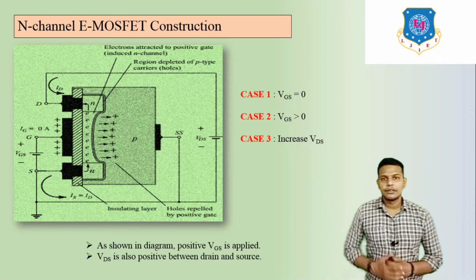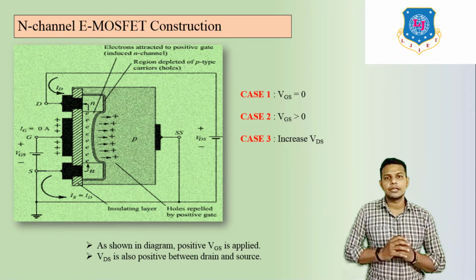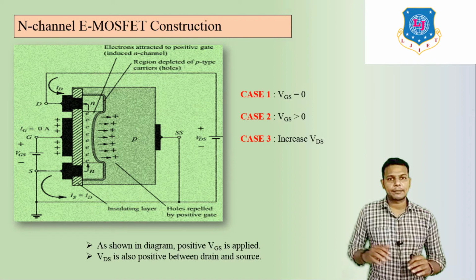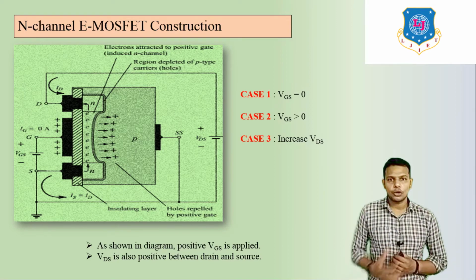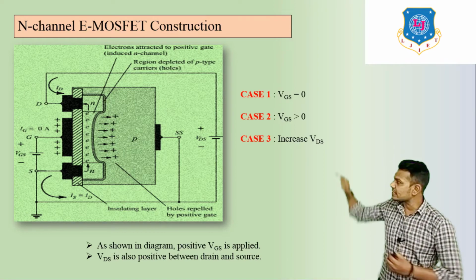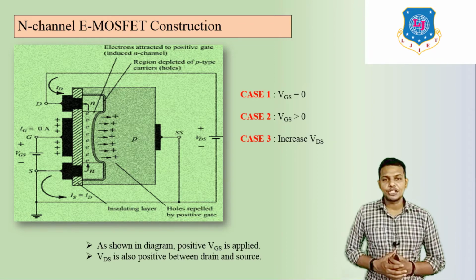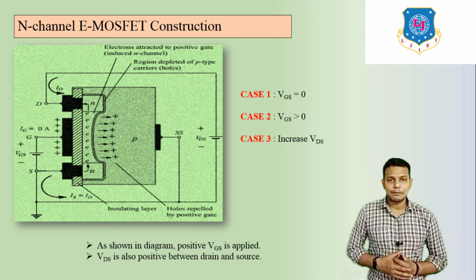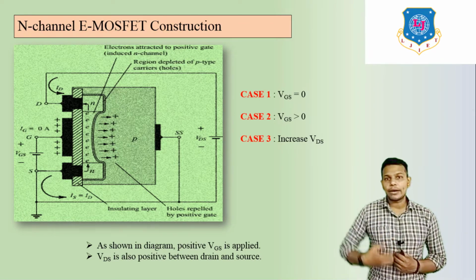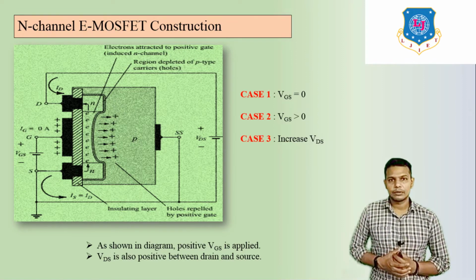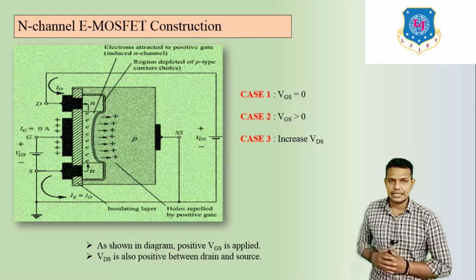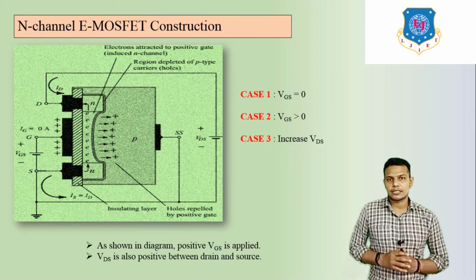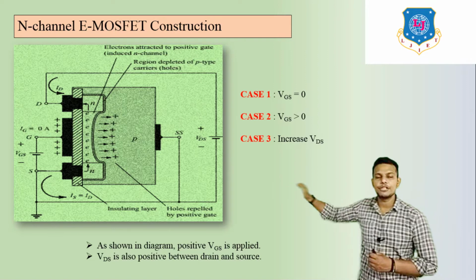Case number 1, VGS is equal to 0. First we are not going to connect the battery at the gate to source terminal. That means shorted, so VGS is equal to 0. Then case number 2, here we are applying VGS greater than 0, that means we connect more and more positive voltage. Then the last case is increase VDS with constant VGS.